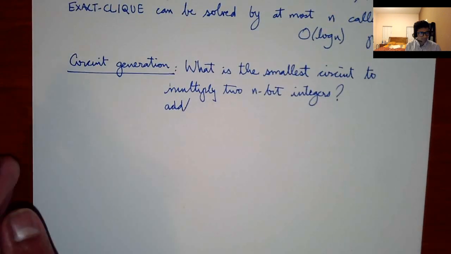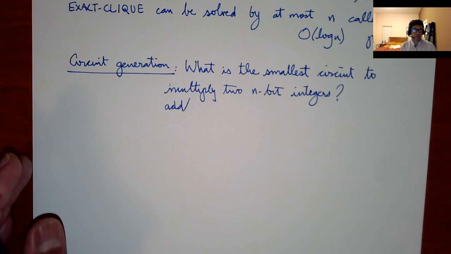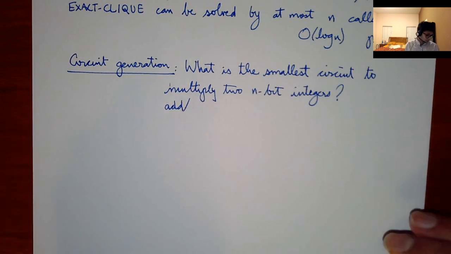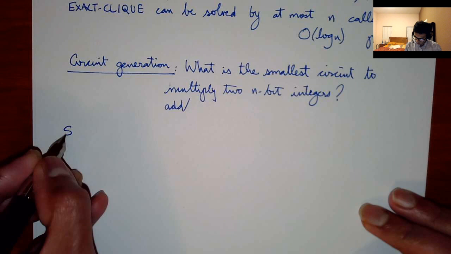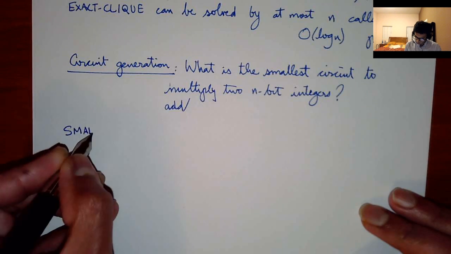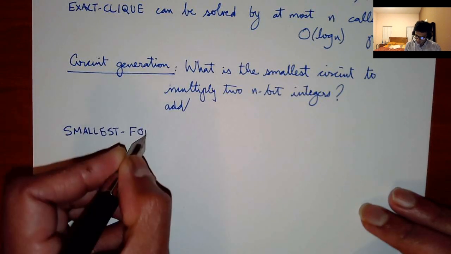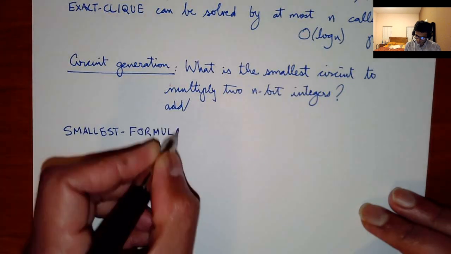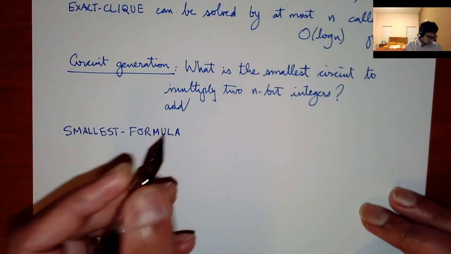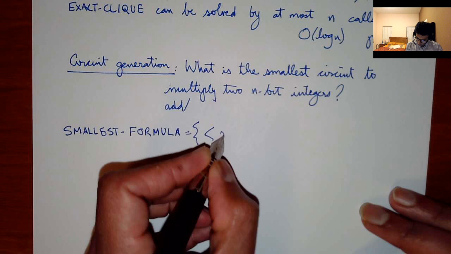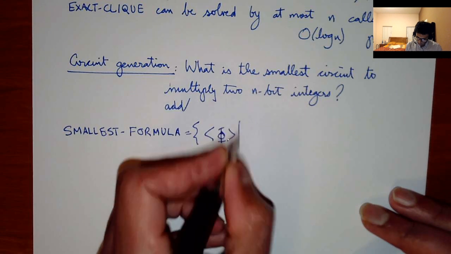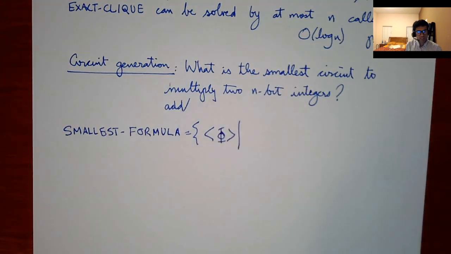Right? And this is a very natural question that was asked. So let me now give you a formulation of this question in terms of languages in the way that we usually do. And let me call this smallest. Instead of circuit, let's use formula, because we've done Boolean formulas. So what is this language? This is all encodings of circuits, so that this is the smallest, the minimal formula that computes a function.